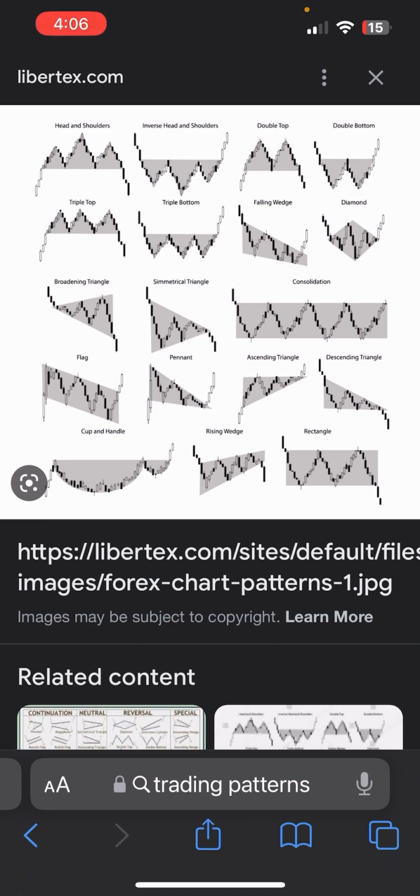Patterns are things that can help you find reversal moves or breakout and breakdown moves, because price action likes these patterns. Why does it like these patterns? Because we as traders have identified some drawings that price action makes before a big move. We have identified those moves.